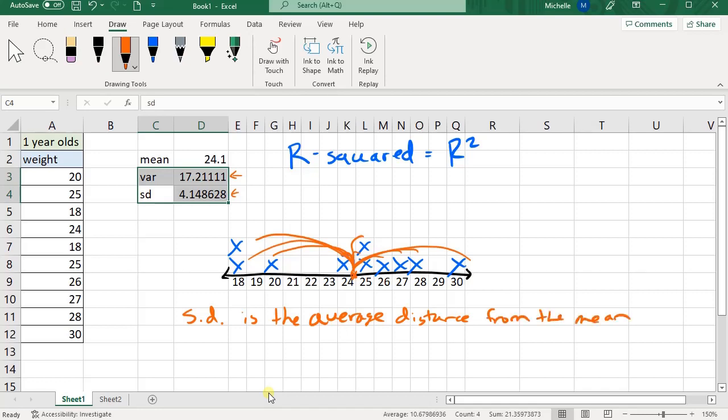This is usually how people think of standard deviation.